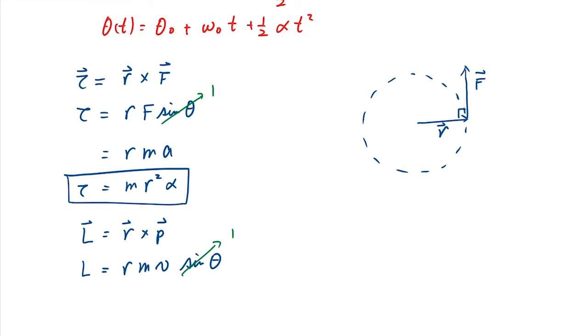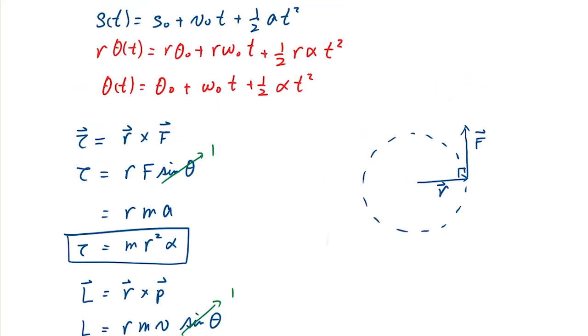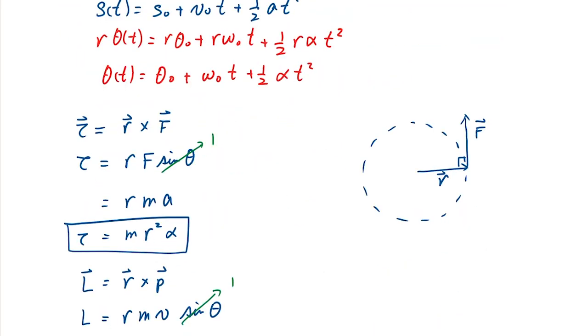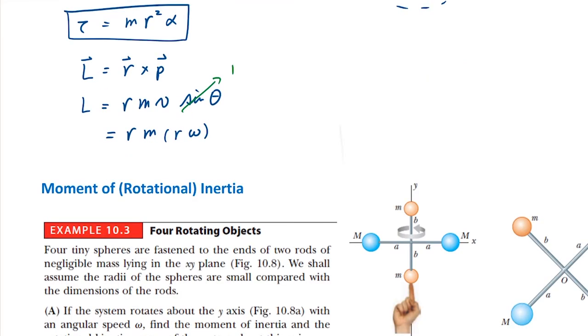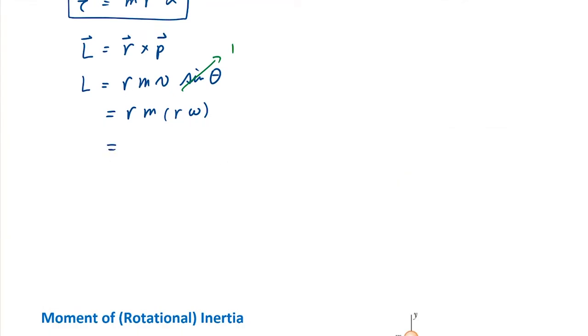Okay. Then what that tells you is R, m, and what was v from up here? R omega. So we substitute R omega here. So our L is equal to m r squared omega.